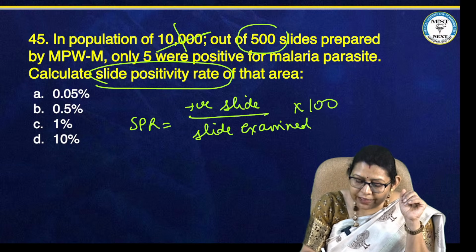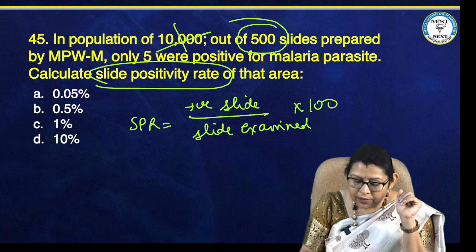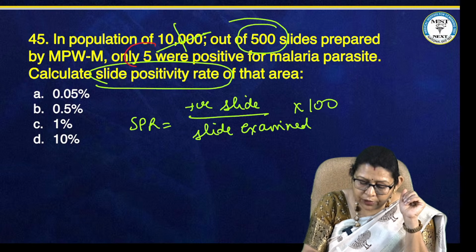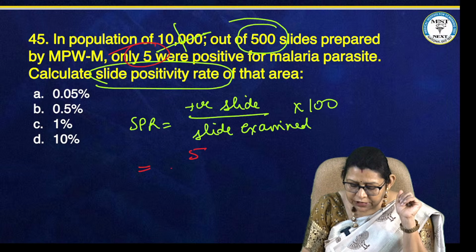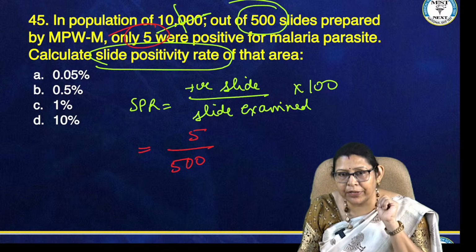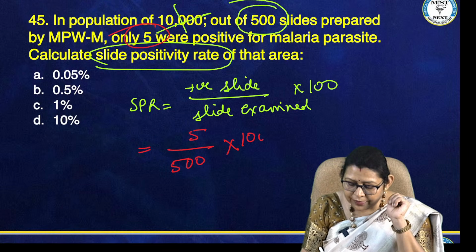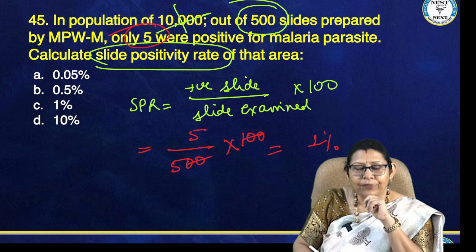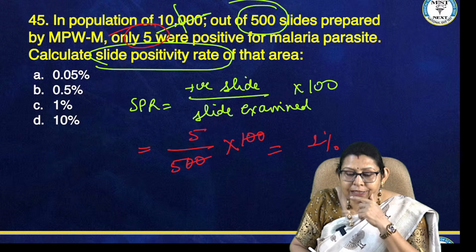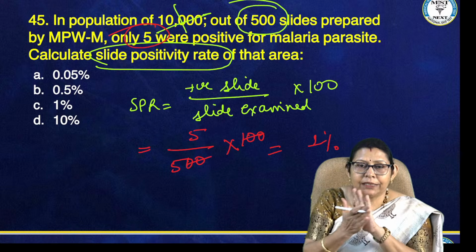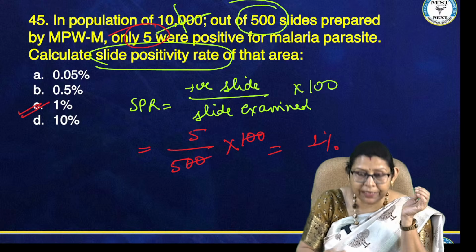Out of the 500 slides prepared, how many are positive? Only 5 were positive. So 5 slides positive out of 500 slides prepared, into 100. So it is 1%. ठीक है, so slide positivity rate is 1%. So yes, you all are very right. It is 1%. ठीक है बेटा.